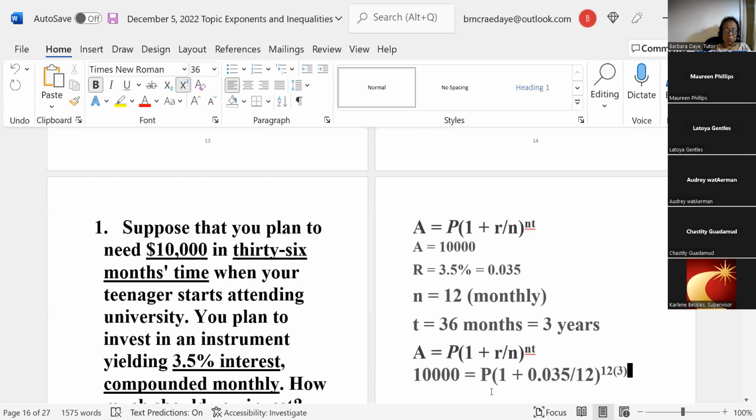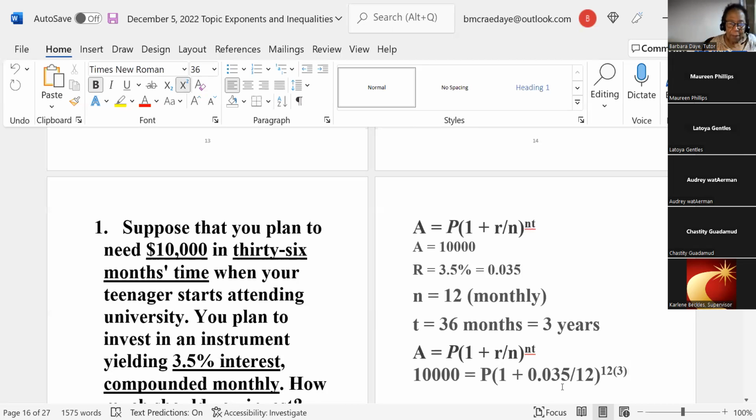What must you put as a starting amount to get an ending amount of 10,000, investing at a rate of 3.5% compounding monthly for a 36-month time period? Got it? Questions?